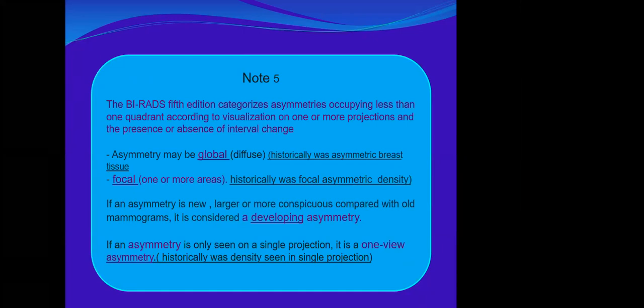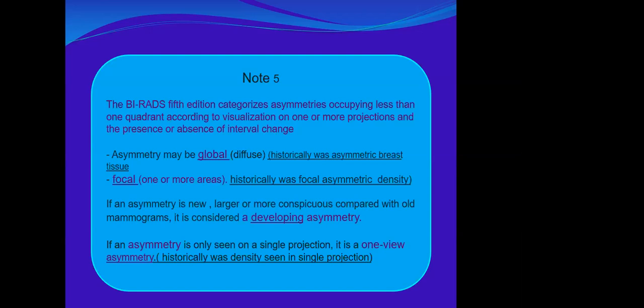If it is changed, it will be a developing asymmetry, and it is a new one. If it is diffuse, occupying a quadrant or so, we call it a global asymmetry. Historically we said it was asymmetric breast tissue, but now it should be just global asymmetry.